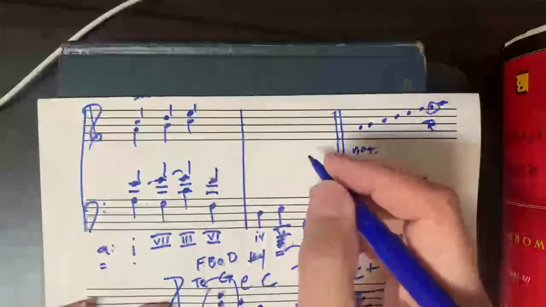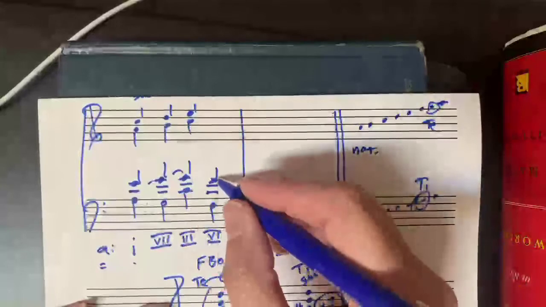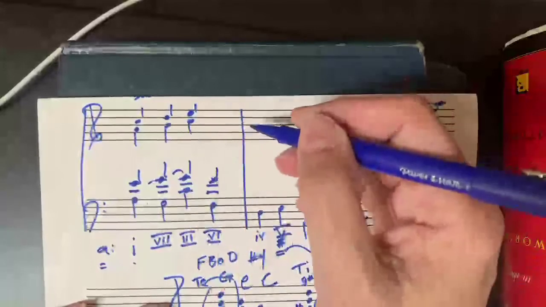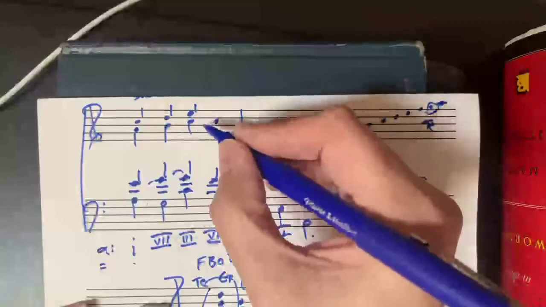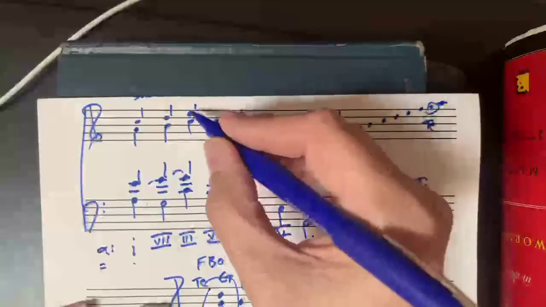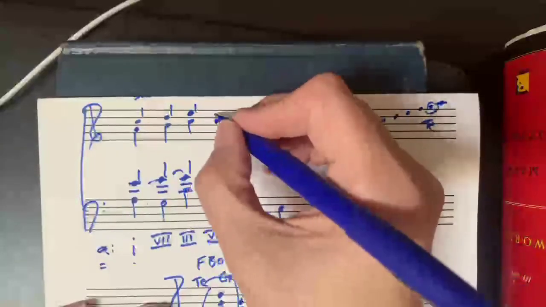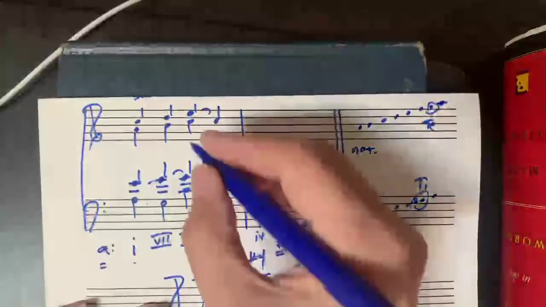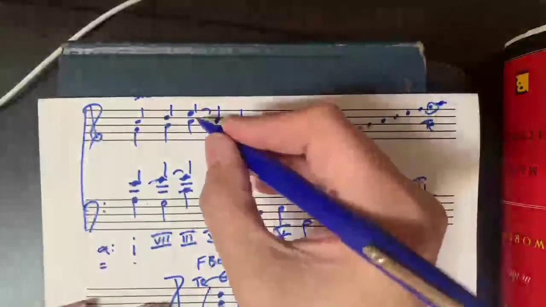Okay, and now we've got F and F. We need an A and a C. Now we have a C right here, but we can't keep that as a common tone. If we do, this E has to leap to A. It would actually be smoother to have the upper voice go to C and this voice go down to A. So this is not very smooth.